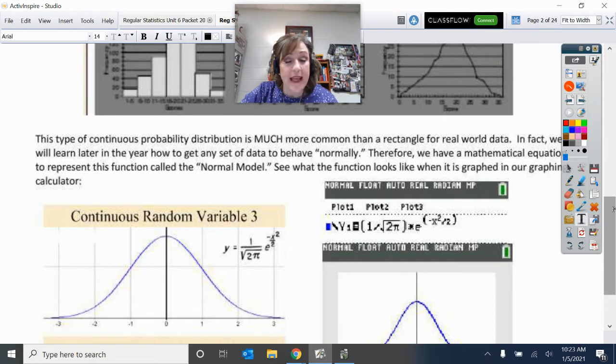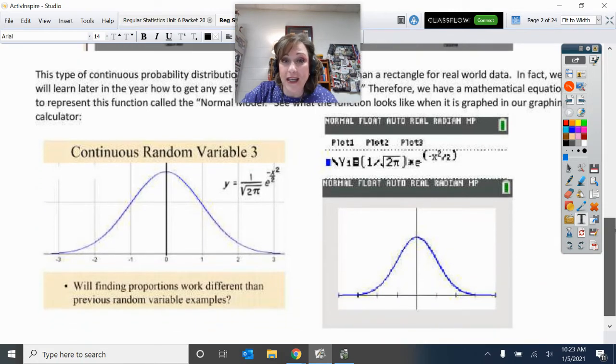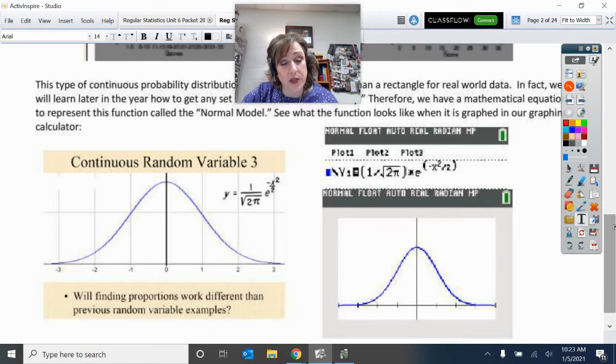Now, this gets mathy here, and I'm not going to go much in depth, but just to show you that it has been determined that the normal probability distribution is this actual function, this equation. And so I put it in my calculator just so you could see, and here's how it graphed.